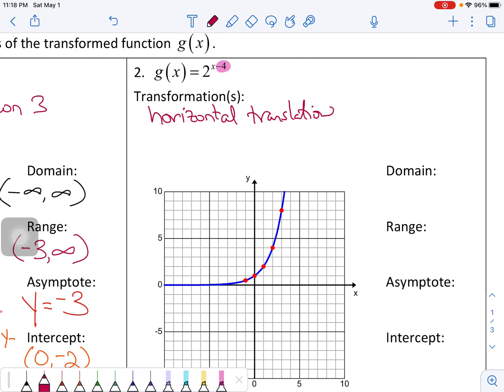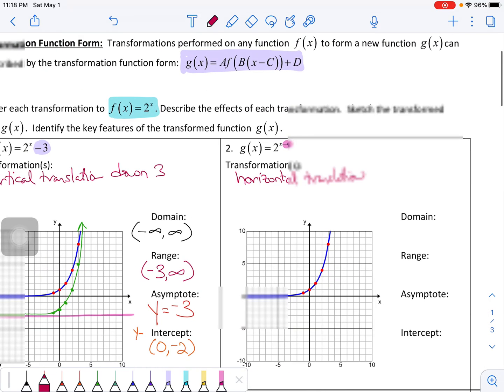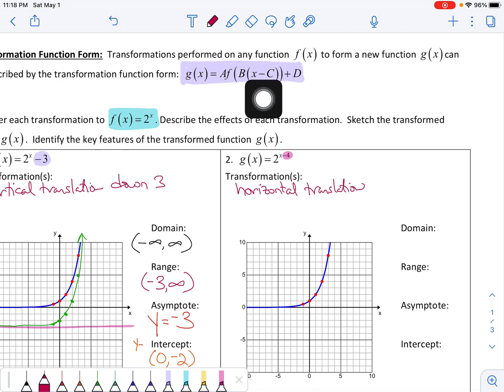Now this is where, remember, the horizontal translations are a little weird. Even though it says minus 4, I'm actually going to zoom out. Whatever's attached to x here, because the original form was x minus the c value, if your c value on its own is positive, in this case the c value is 4, that actually means you're going to be moving to the right 4 units.